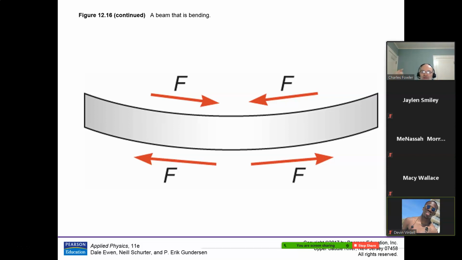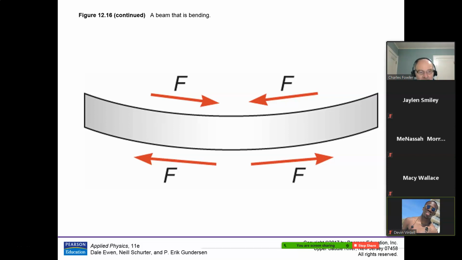If you pass that board's, I guess you would call it tensile strength or elastic limit, the board breaks. When the forces pulling apart are stronger than the wood grain holding it together, then you break the board. Hopefully not while you're sitting on it.